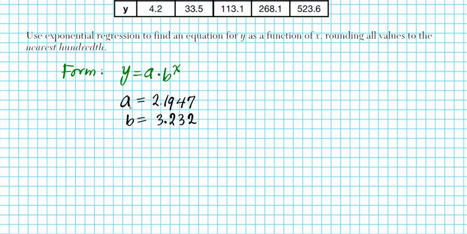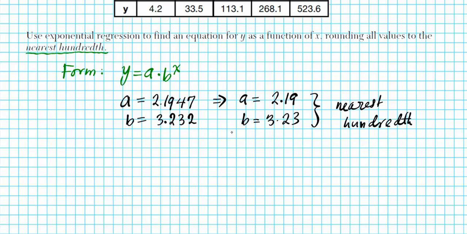So what is our exponential regression equation? We simply plug in a for a in this equation and b for b. We are also asked to write it to the nearest hundredth, so that's 2 decimal places. We're going to be using a equals 2.19 and b equals 3.23, in both cases to the nearest hundredth.